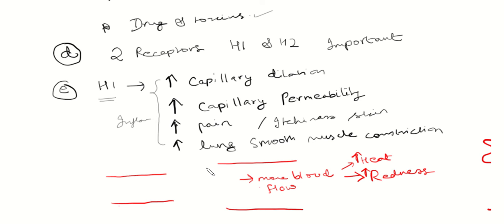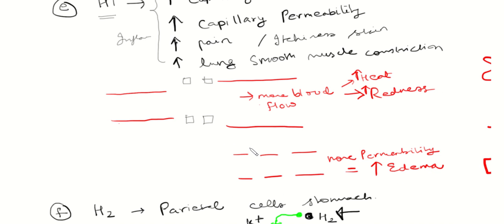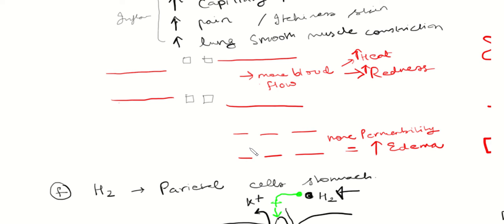There's more capillary permeability, so fluid seeps out and there's swelling. It also activates pathways that cause pain. There's smooth muscle constriction, for example in the lungs, and itchiness in the skin. These are some of the things this receptor does when stimulated by histamine.